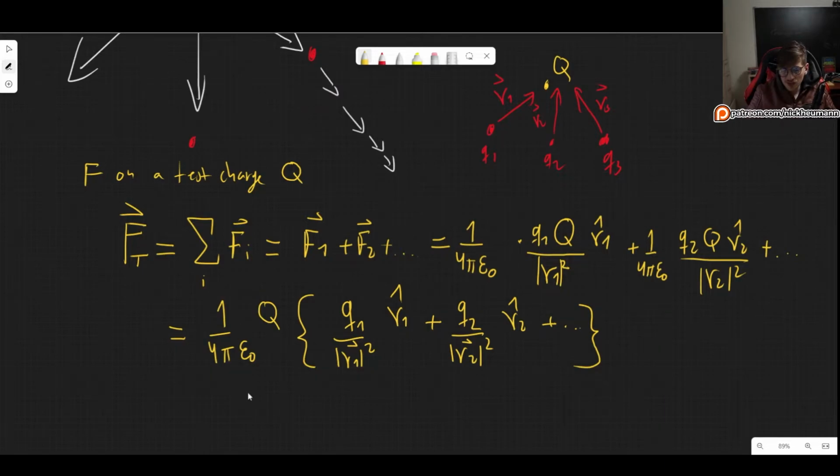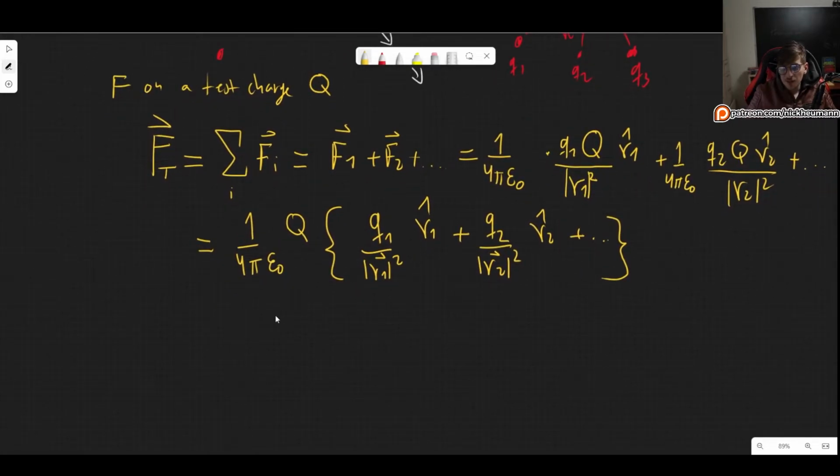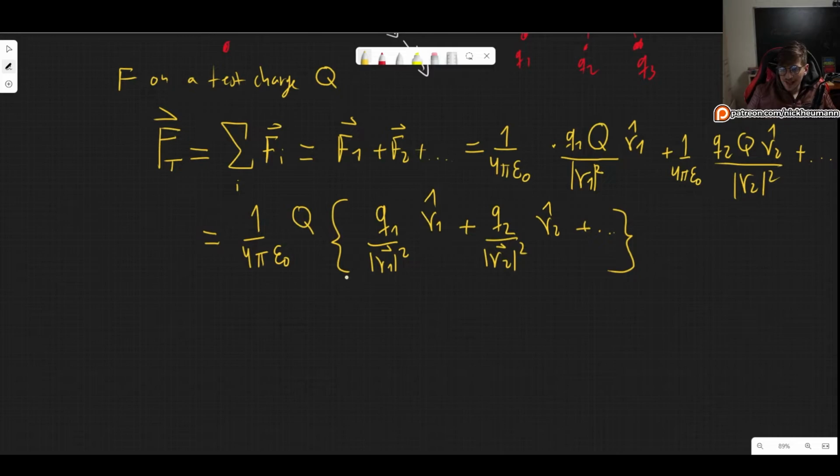So what do we have here? What we basically get is this Q, which perhaps I will write on this side just to make this very apparent: Q, the charge of the test charge, multiplying all of this.